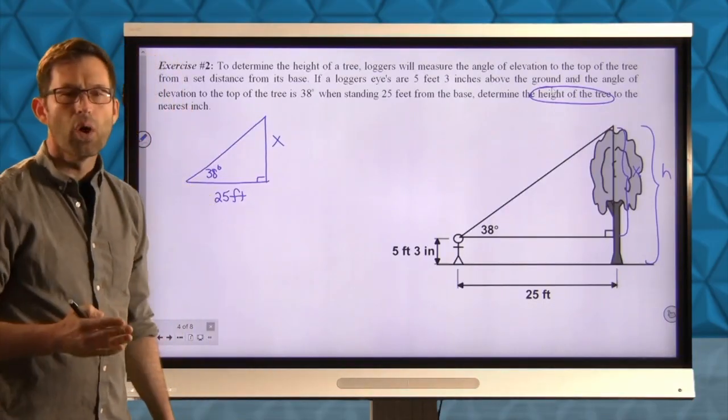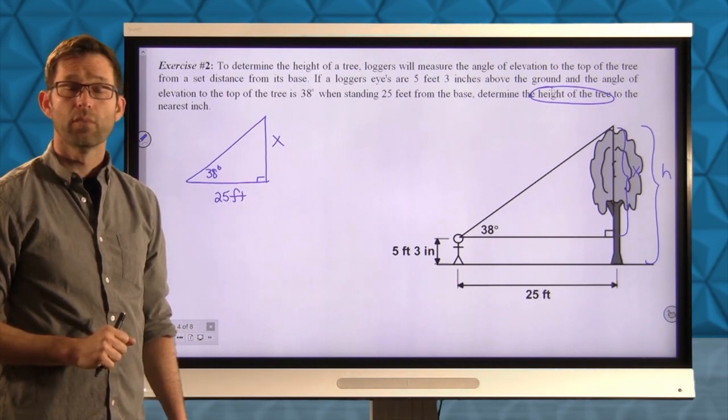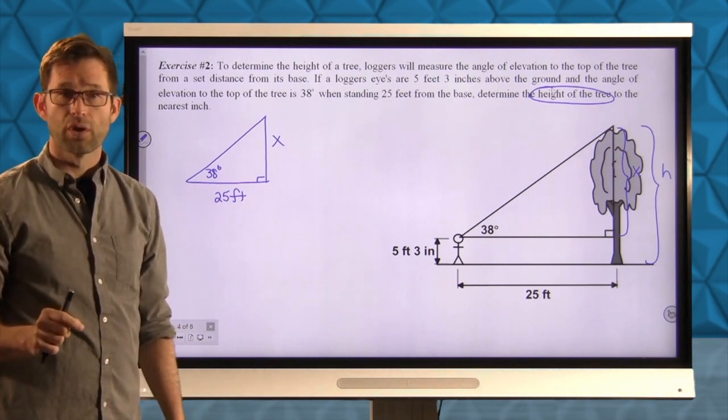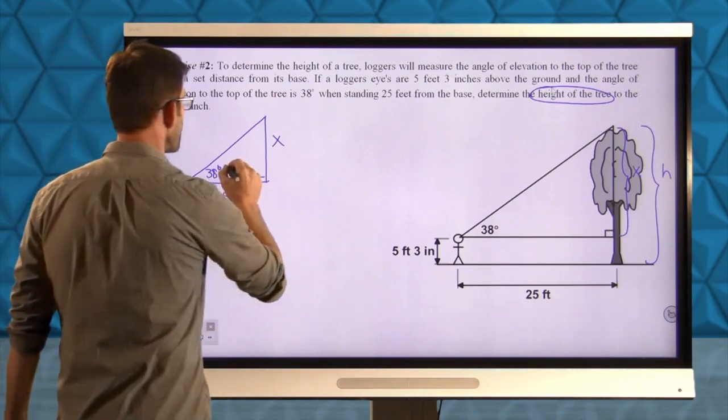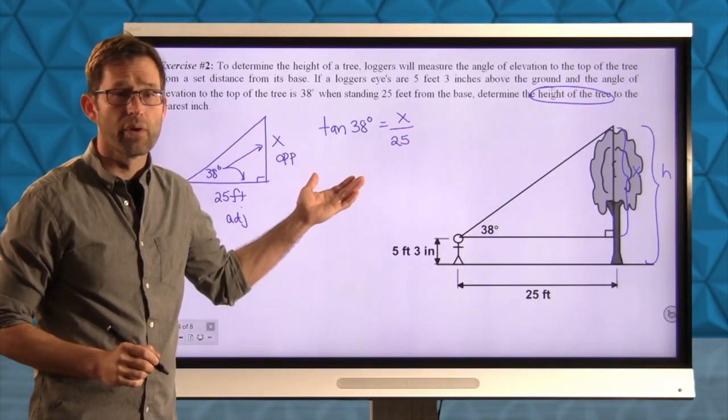Okay? So, which trig ratio should I use? Well, I should use the tangent ratio, right? The reason is side x is opposite of the 38, and the 25 feet is the side adjacent to the 38. So what I can now write down is that the tangent of 38 degrees is equal to x divided by 25. Okay, this is going to be very, very easy to solve.